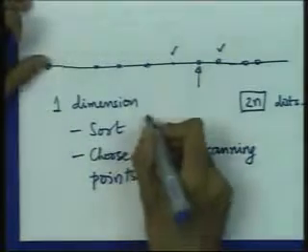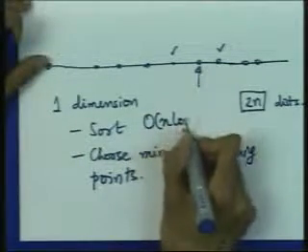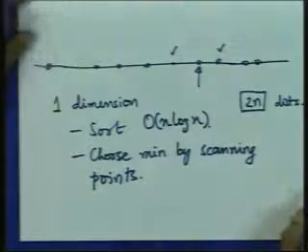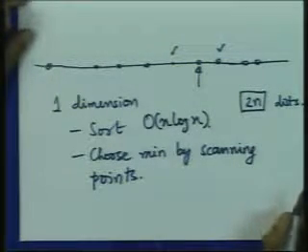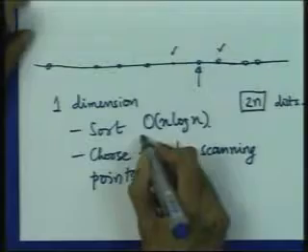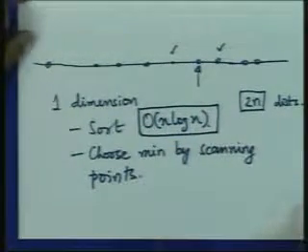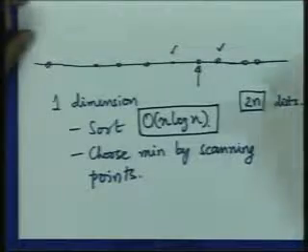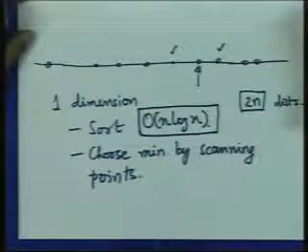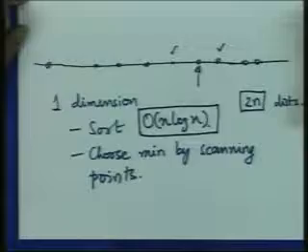Sorting takes order n log n. So we started out with n choose 2 distances, but really the time taken is order n log n. Sorting dominates this procedure. If I first sort and then do this, the time taken is n log n. I have reduced it from n squared to n log n.